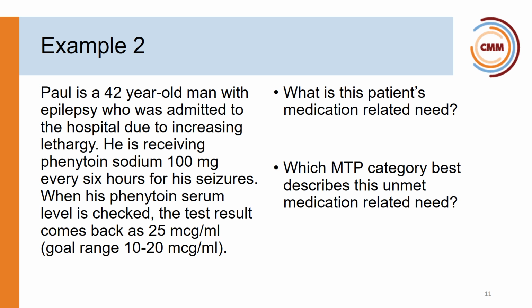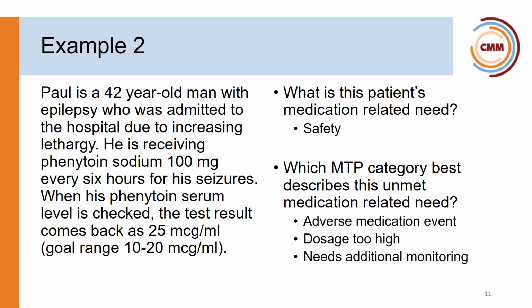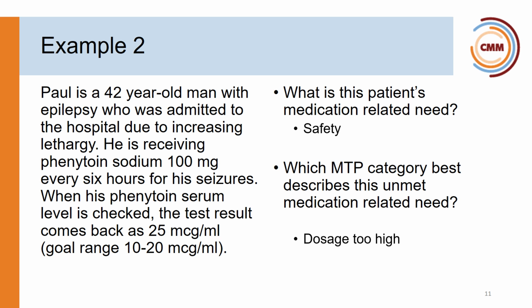And now safety. Paul is experiencing increasing lethargy, which is likely due to his supratherapeutic phenytoin level. So this patient's medication-related need is safety. And the MTP categories for safety are adverse medication event, dosage too high, and needs additional monitoring. The medication therapy problem category that best describes this unmet medication-related need would be dosage too high.